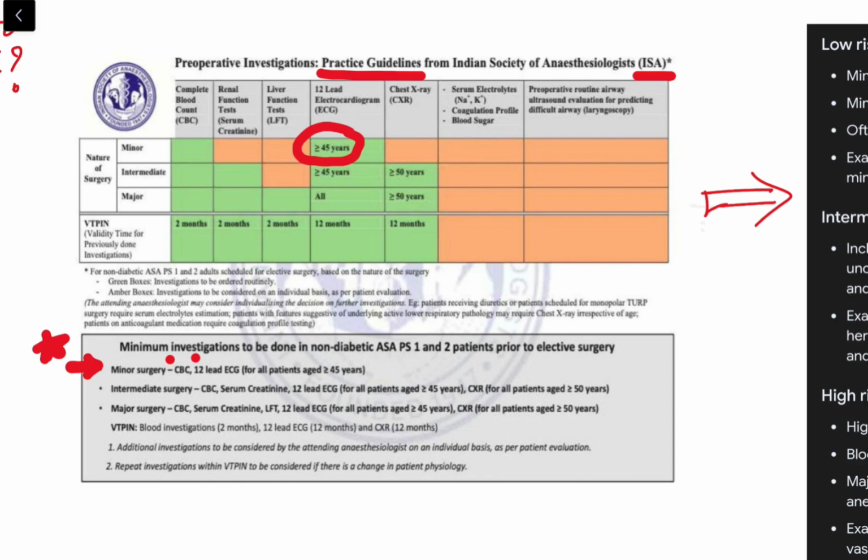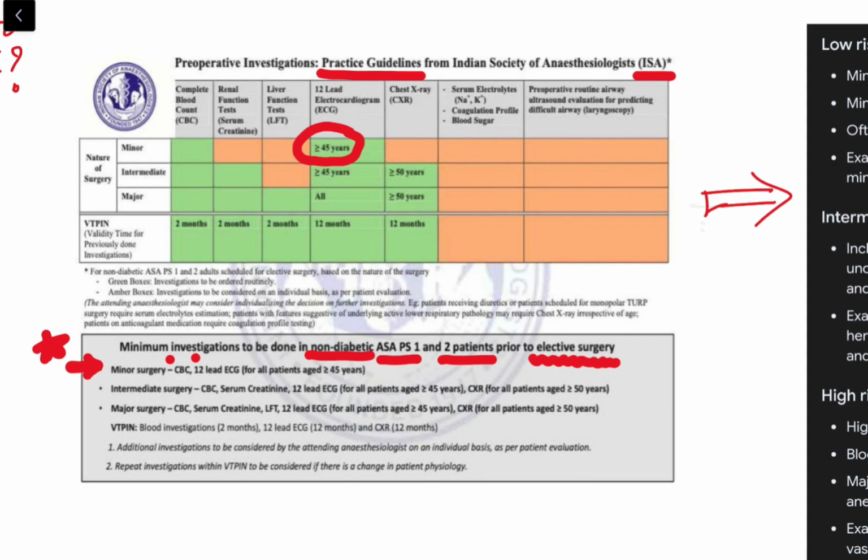That means if you have a young, non-diabetic, ASA 1 patient, I'll tell you what ASA 1 or 2 is, who has to go for elective surgery, not emergency surgery, and is not more than 45 years of age, then only CBC is sufficient. You don't have to subject the patient to a chest X-ray or LFTs or KFTs or whatever. Those additional investigations that we usually find in our files are not necessary for every patient.